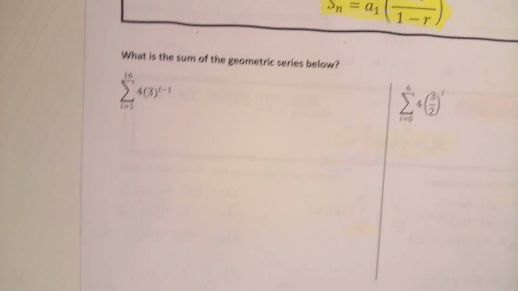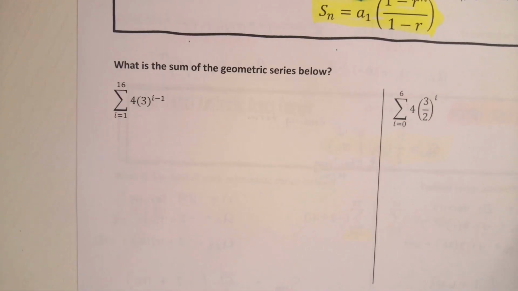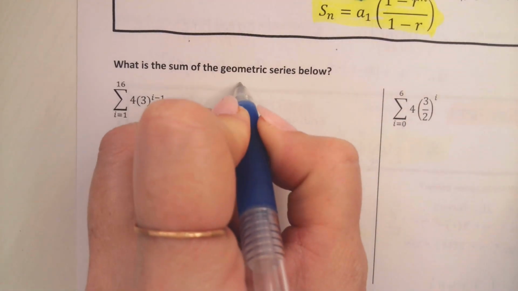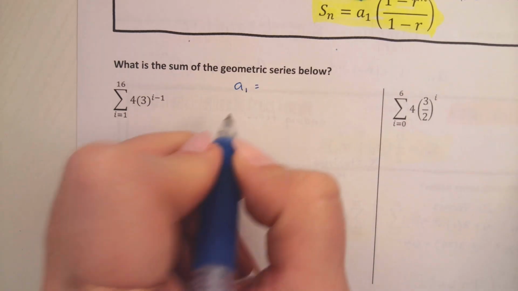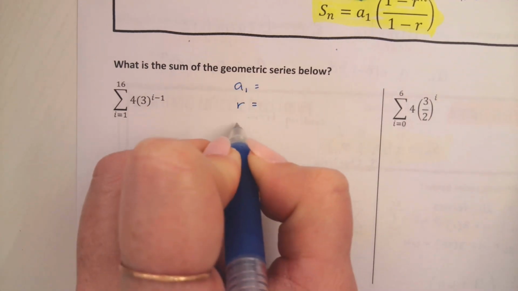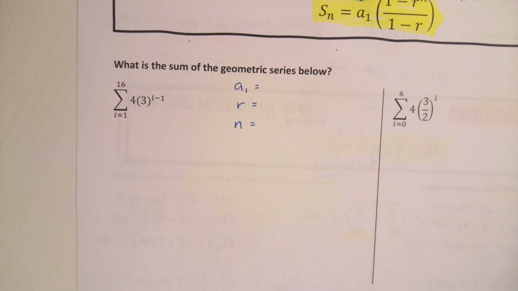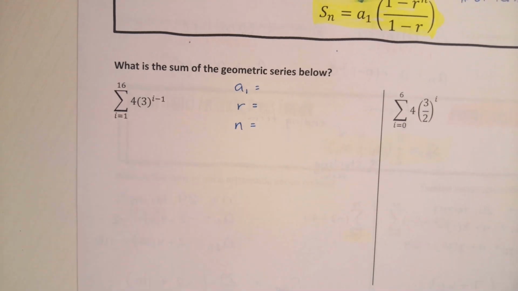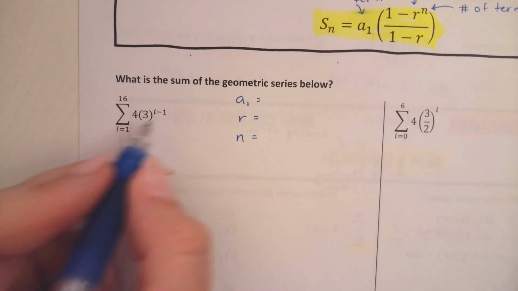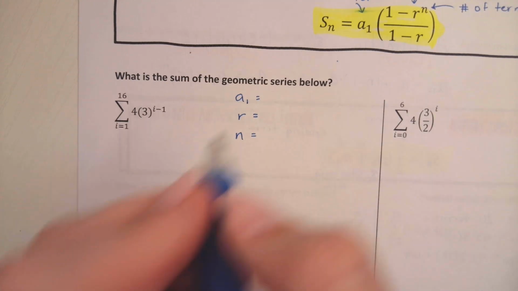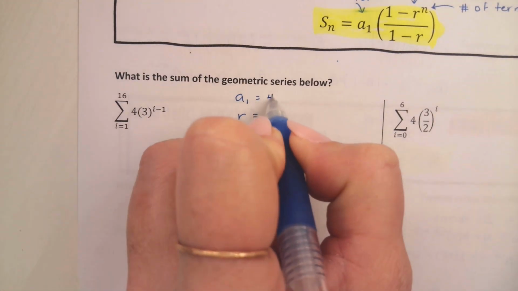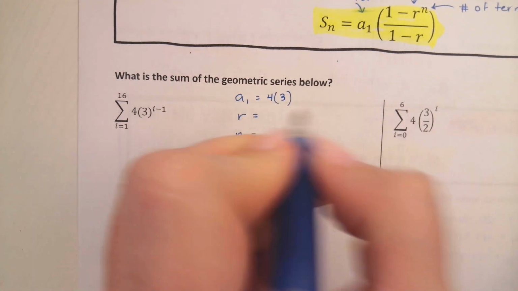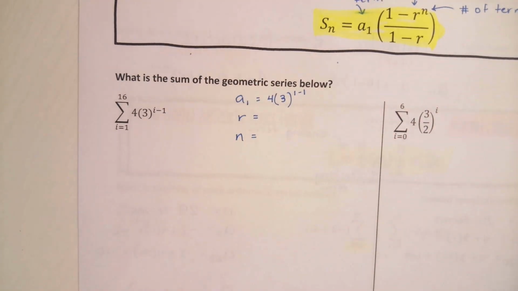Okay, looking at the first one, in order to find the sum, we're going to need to know our A1, our common ratio, and how many terms we're adding up. So my A1, we can find by plugging in 1 to the geometric sequence here. 4 times 3 to the power of 1 minus 1.